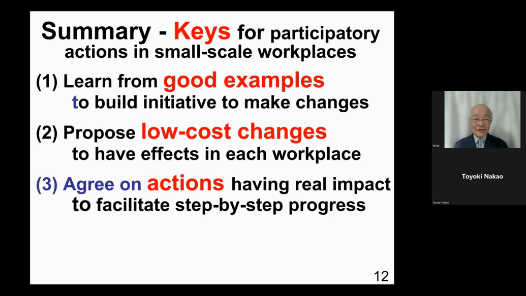Then proposals of low-cost changes can be conducted by the use of a locally designed action checklist to have effects in each workplace in an immediate manner. Finally, the group discussion can be summarized as an agreement on actions that have real impact to facilitate step-by-step progress.